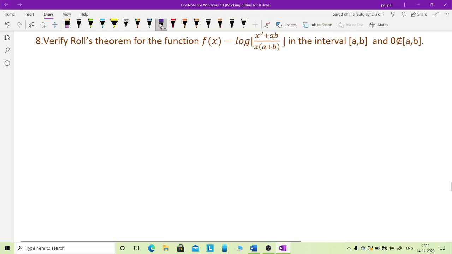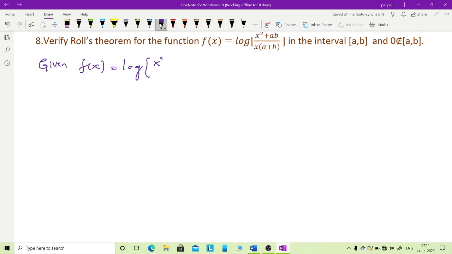So first, write f of x. Given the function f of x is equal to log of (x square plus ab) divided by x into (a plus b).